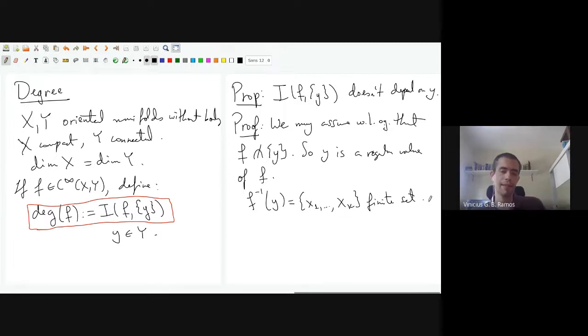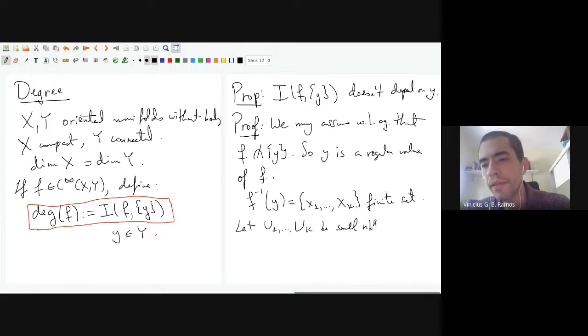Okay, and now I'm going to choose little neighborhoods around these points. So let U1 through Uk be small neighborhoods of x1 through xk.